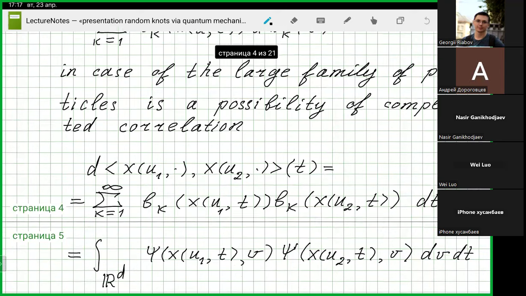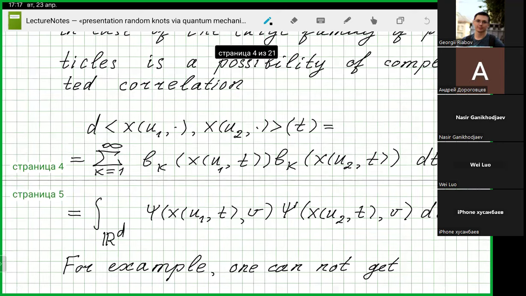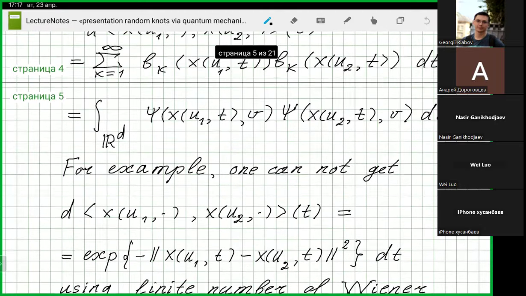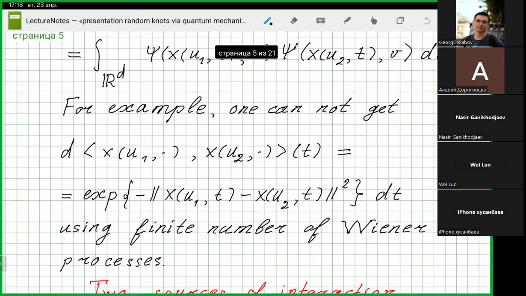And in other language, it is equal to such an integral of the function psi, which was introduced in the equation with interaction. And then, for example, one cannot get this correlation in the form exp(-||x(u1,t) - x(u2,t)||^2) dt using a finite number of Wiener processes.